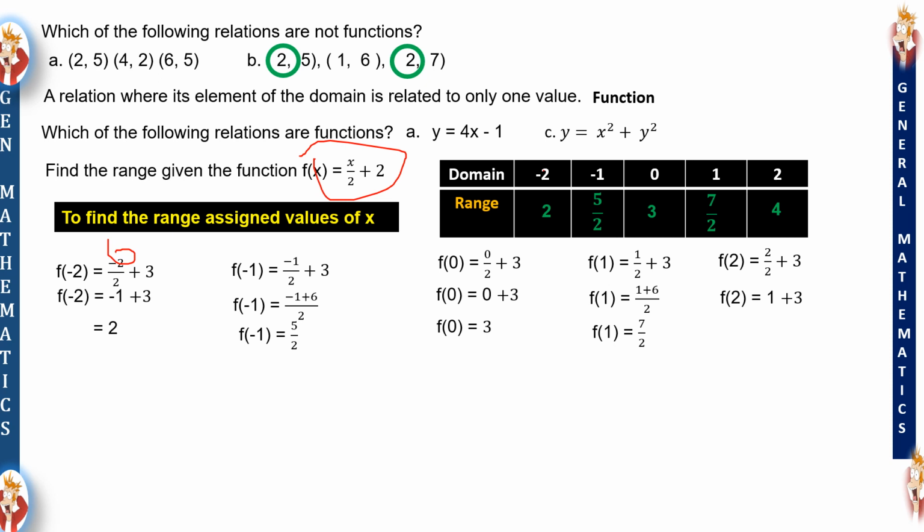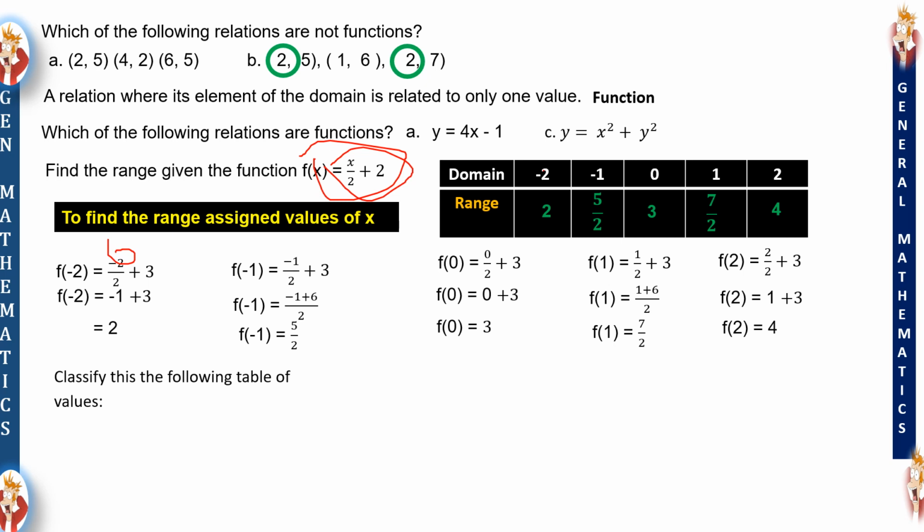Therefore, your range is 4. So since ang hinihingi po dito ay range ng ating pong given function, if the value of our x is equals to negative 2 hanggang positive 2, ang kanyang magiging range is 2, 5 over 2, we have 3, 7 over 2, and 4. That is your final answer.